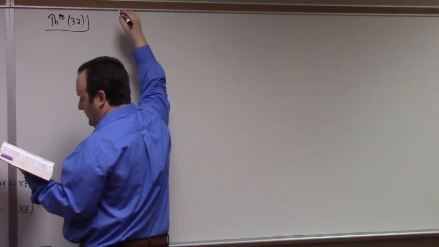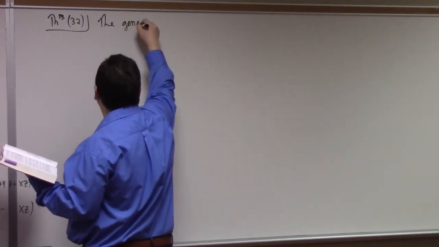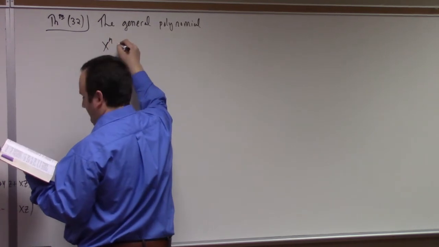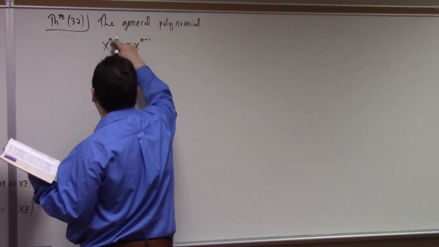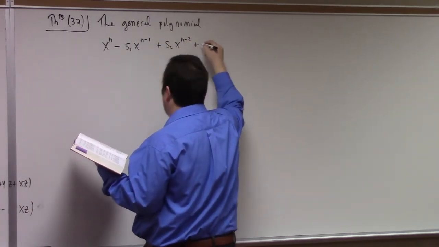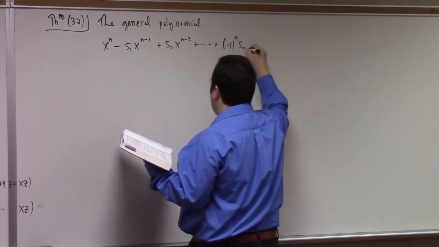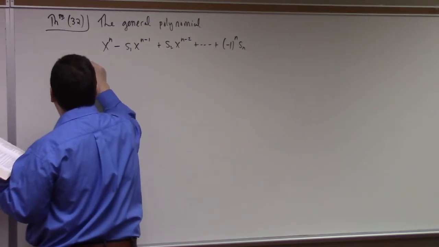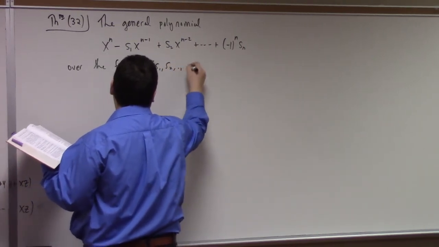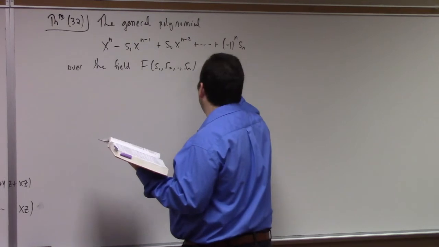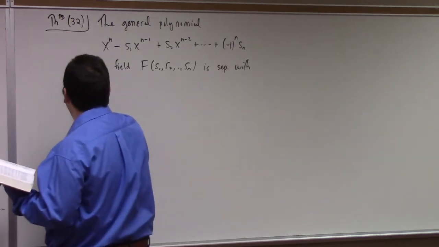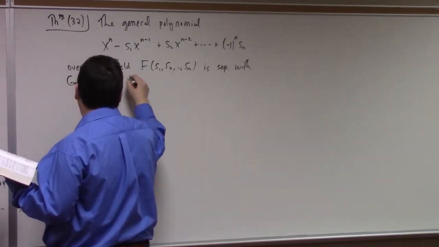Here's the punchline that I've told you guys before: the general polynomial x to the n minus s1 x to the n minus 1 plus s2 x to the n minus 2 plus and so on, plus minus 1 to the n Sn, over the field of elementary symmetric functions, is separable with Galois group Sn.